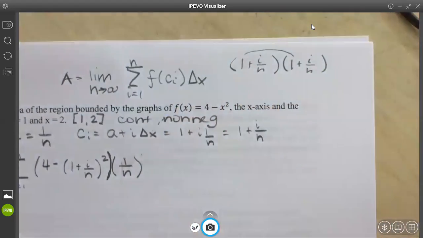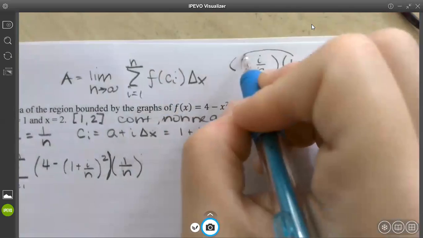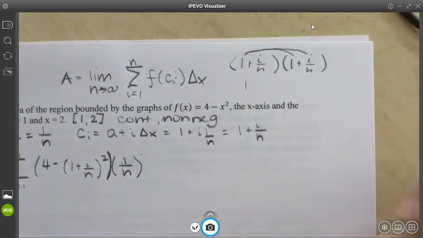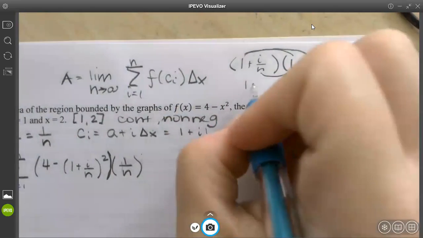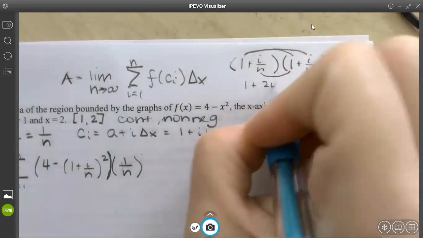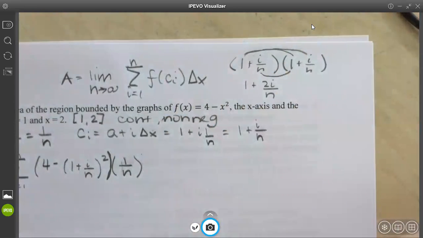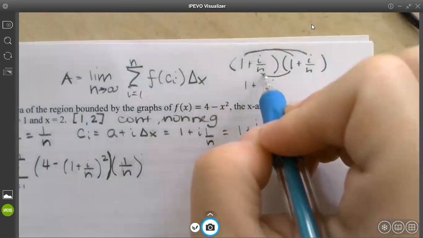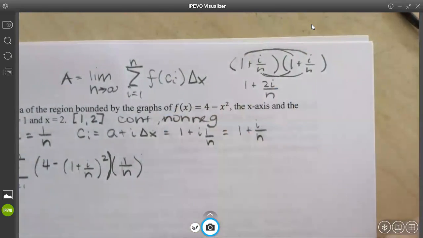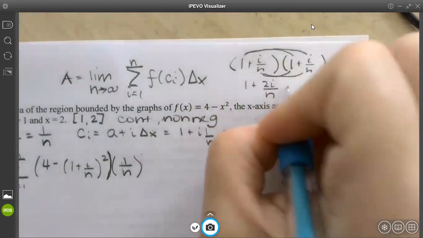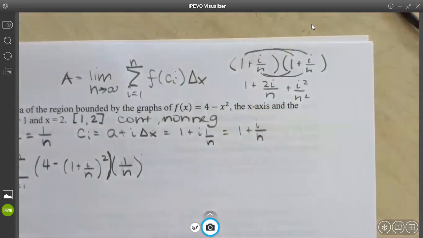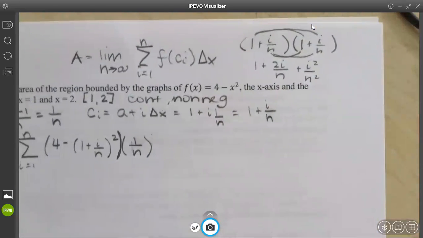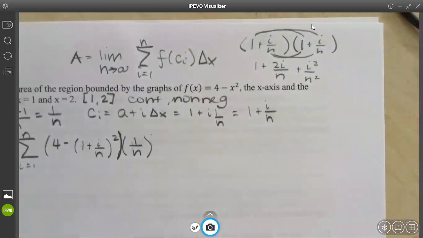We're going to multiply these. 1 times 1 is 1. 1 times i over n is i over n. i over n times 1 is i over n, which gives you 2i over n. Is everybody okay with that? And then i over n times i over n gives you i squared over n squared. Is everybody okay with that multiplication? I just want to show you.